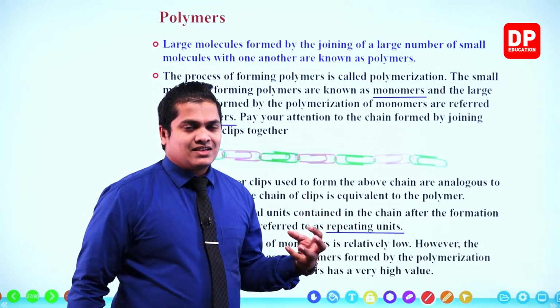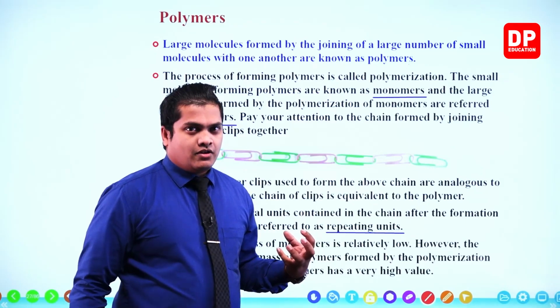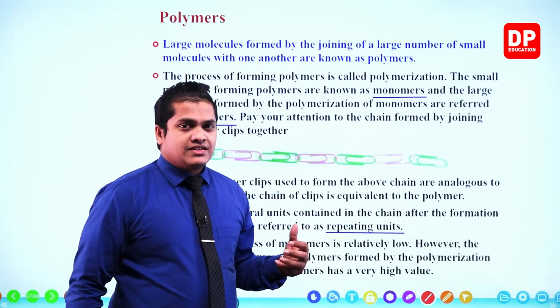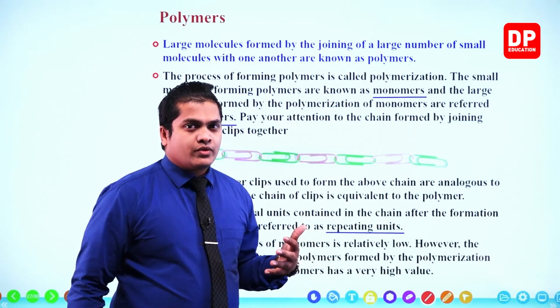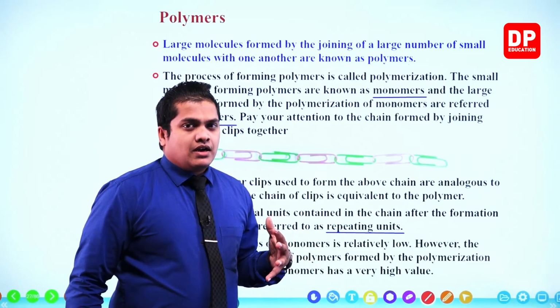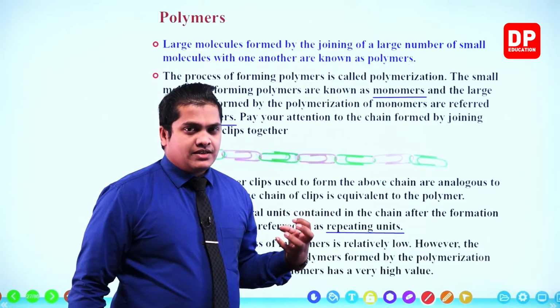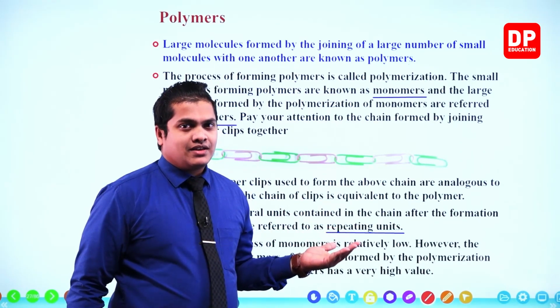Within this lesson, we'll discuss only ethene based polymers, and also another special one called isoprene, which creates natural rubber. But most of the time, my dear children, we'll discuss derivatives of ethene and the polymers created by them.